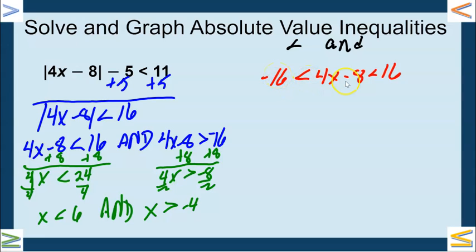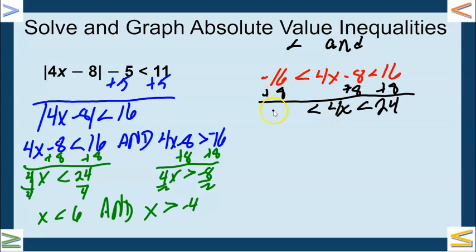Now I can just simplify by adding 8 to all the sides. This is going to give us 4x in the middle, less than 24 on the right side, but greater than negative 8 on the left side. The last step is to divide by 4 on both sides, and I would have an answer of x is less than 6, but greater than negative 2.